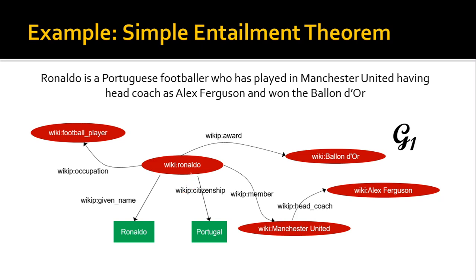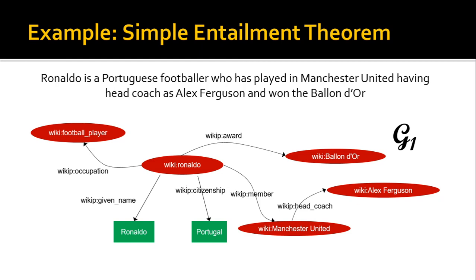Ronaldo has citizenship of Portugal, and Ronaldo has won the award Ballon d'Or, and Ronaldo is a member of Manchester United, and Manchester United has the head coach Alex Ferguson. There are more details on this. For example, Alex Ferguson was the head coach of Manchester United for a given period of time. But for the sake of simplicity, I have stripped those parts that would just add to the complexity. More or less, the idea will remain the same.